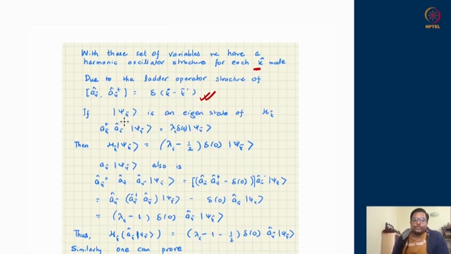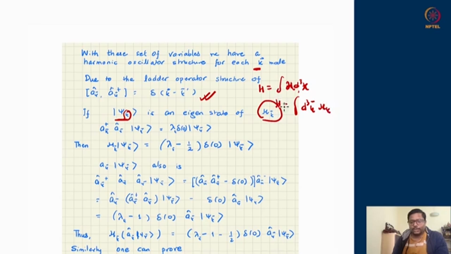Now let us assume that psi_k is an eigenstate of the Hamiltonian at k. Remember, we had identified the Hamiltonian as the integral d^3x of the Hamiltonian density. The same thing can be written as an integral d^3k of h_k as well.